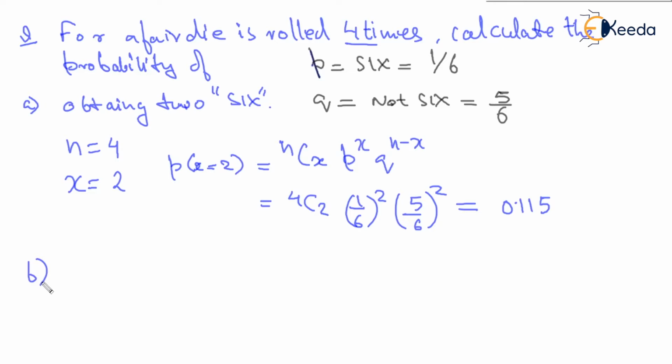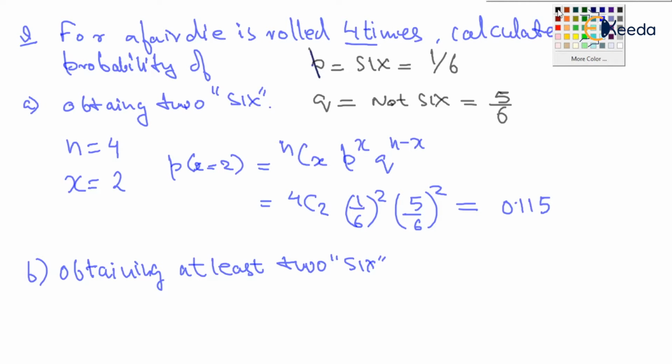Let's say the second part is obtaining at least 2 sixes. Now before we discuss this, what are the possible values x can take? We have the number of trials to be 4, so maximum we can get 4 sixes and the minimum value is 0.